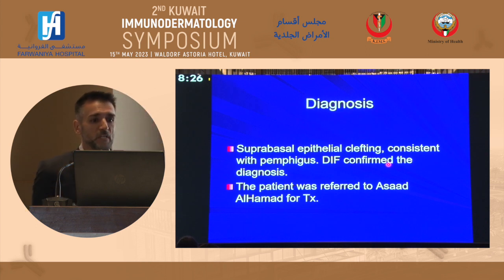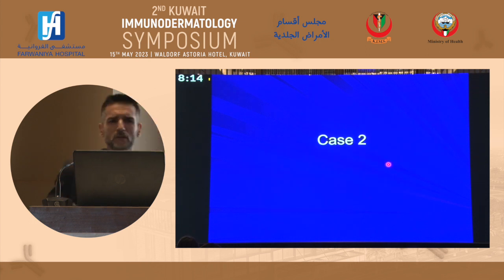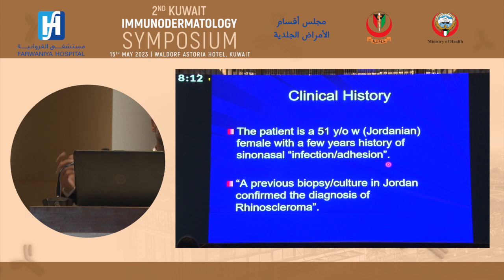Case number 2. Patient is a 51-year-old white female with a few-year history of sinonasal infection and adhesion. The patient was diagnosed previously in Jordan to have rhinoscleroma. Rhinoscleroma is an infectious process that commonly affects the nasal cavity and sinonasal tract. It causes destruction, localized destruction in a region, adhesion, and may also cause oroantral fistula.